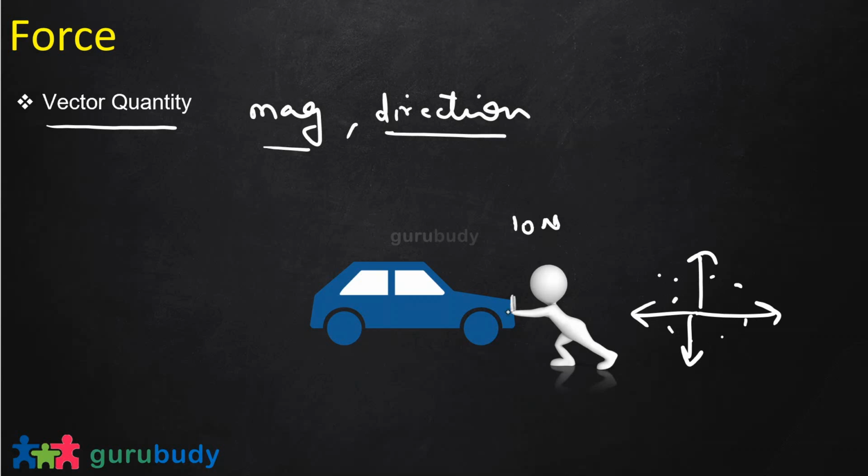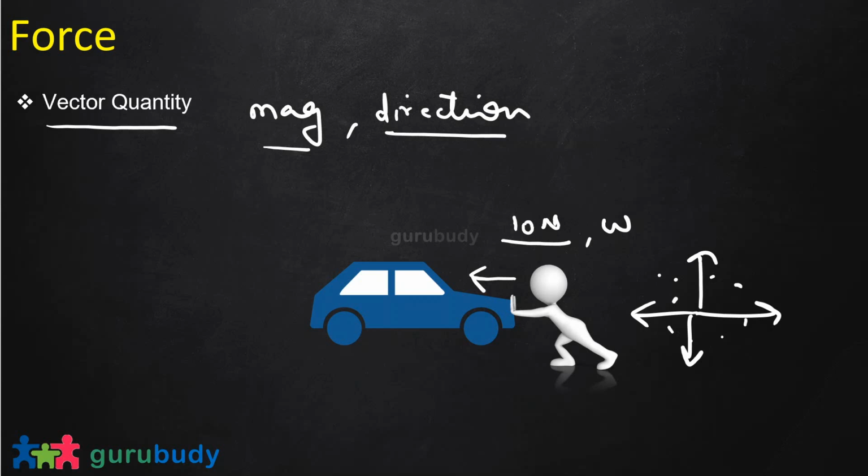So in this example, the person is applying the force 10 Newton to push the car backward. Once you say that, the magnitude, which is the 10 Newton, and the direction, in this case it would be west, right? So once you say 10 Newton of force in the west direction, that's how you define it. So force is a vector quantity. It needs both magnitude and direction.